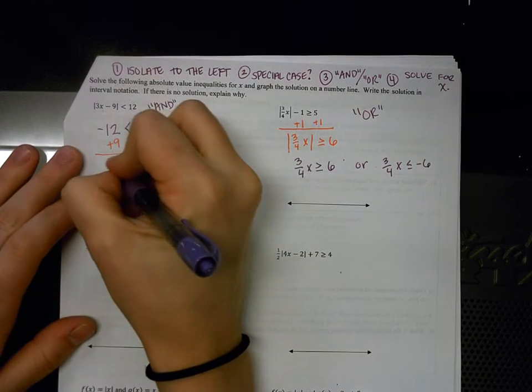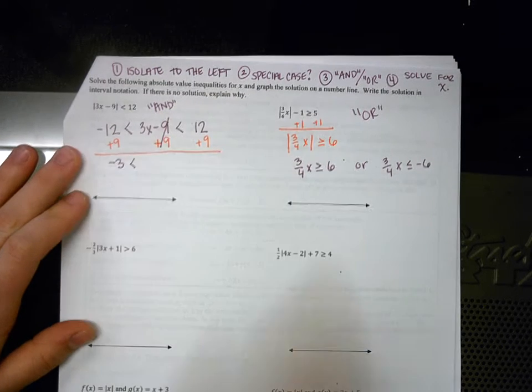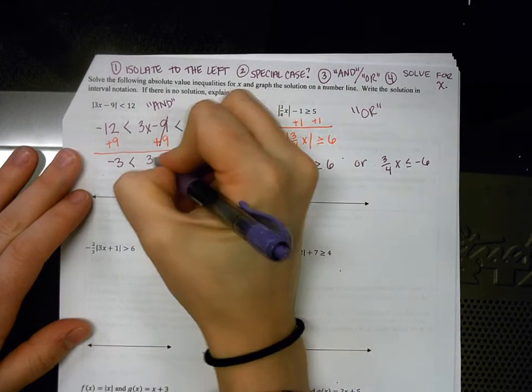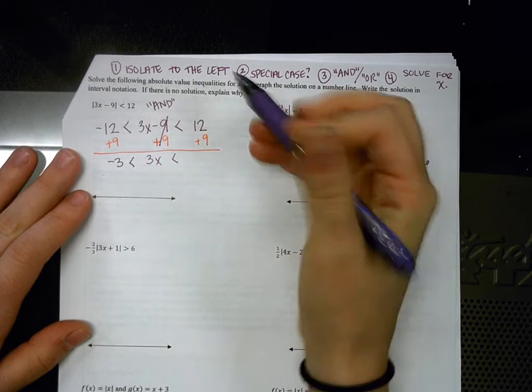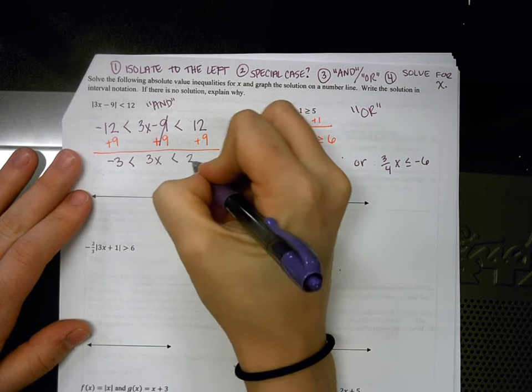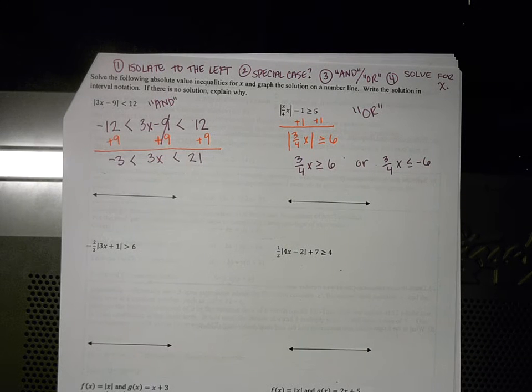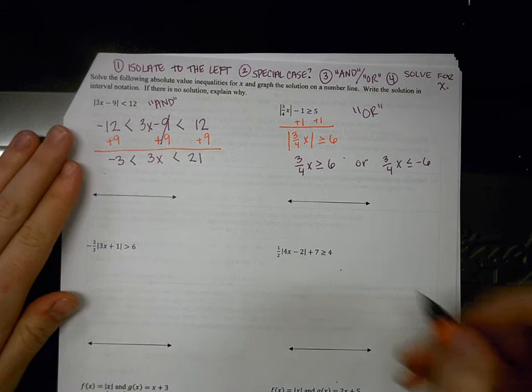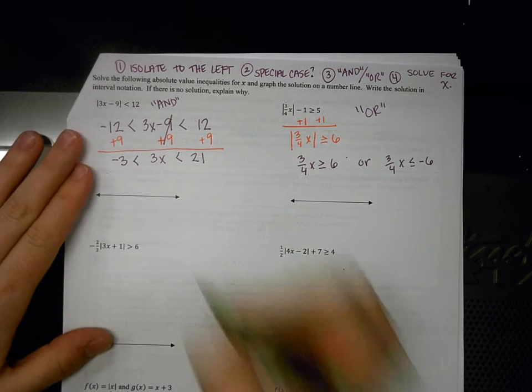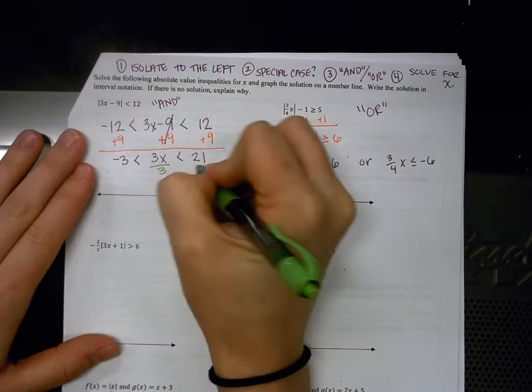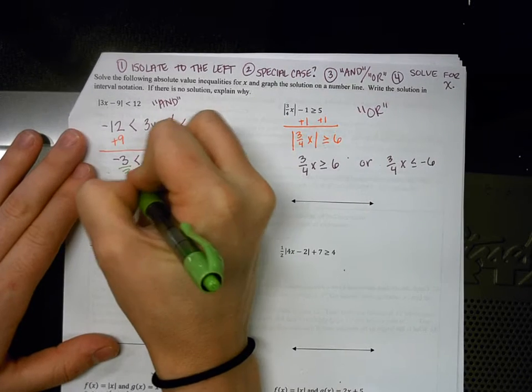Negative 12 plus 9? Negative 3. And 12 plus 9 is 21. Is x isolated? Not yet. We need to divide everything by 3.